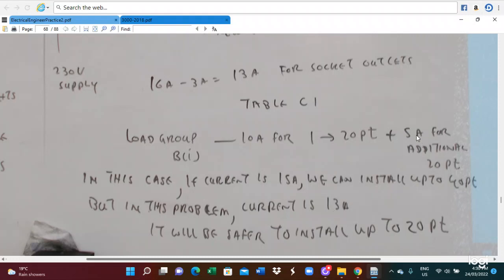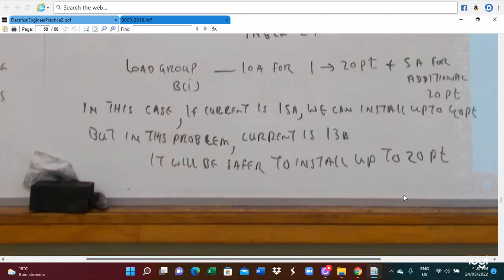This 3 amps is not enough to install the additional points, because I need 5 amps. So it is safer to install only 20 points. So this is for that installation, and those cables are as given.